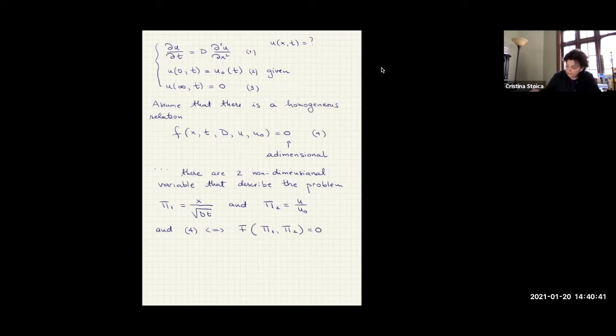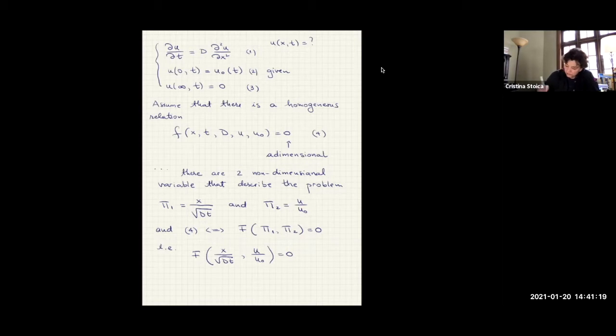That is, f in x over root Dt and u over u naught equals 0. So I just put what is pi 1. I put pi 1 and pi 2 first because they're related to the Buckingham pi theorem, to see how I'm applying the theorem, but then I'm going back to what they mean, to what they are.